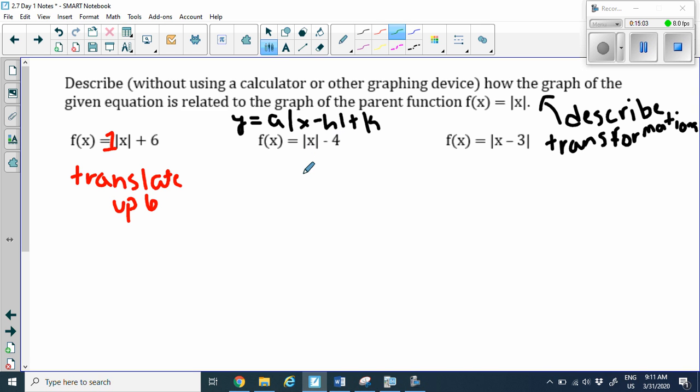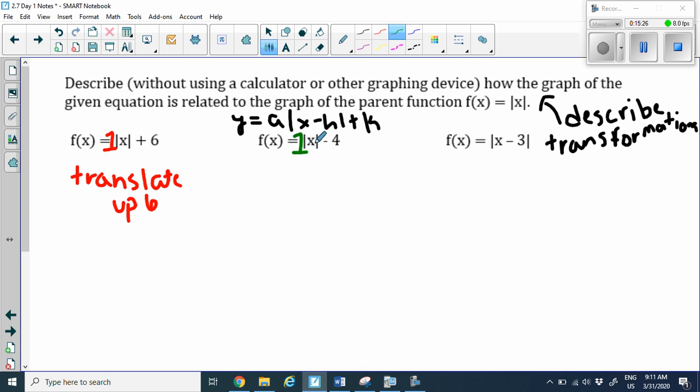Okay, let's look at our next one. I have the absolute value of x minus 4. Once again, my a value is 1 because we can assume that. Because it's positive, we do not have a reflection. Because it is 1, there is no vertical stretch or shrink. If I look, there is no h value, otherwise I would have a number inside that absolute value.